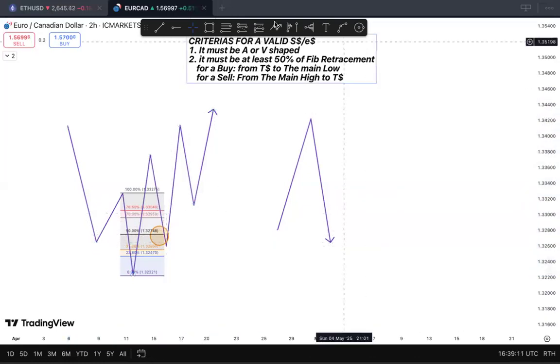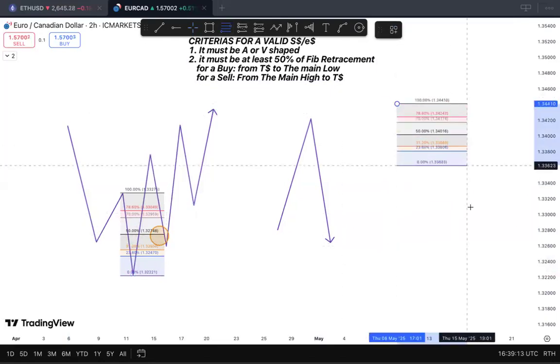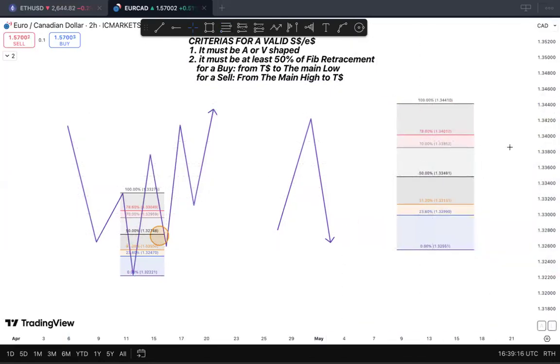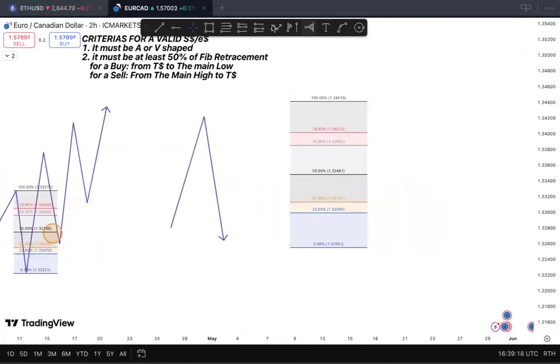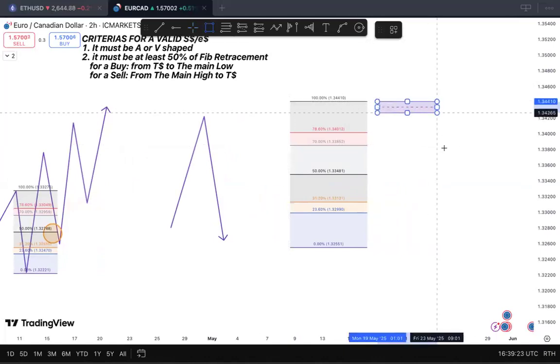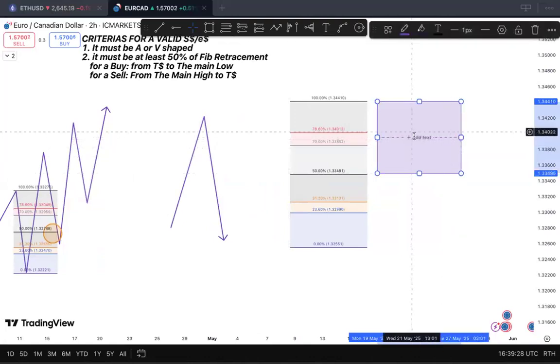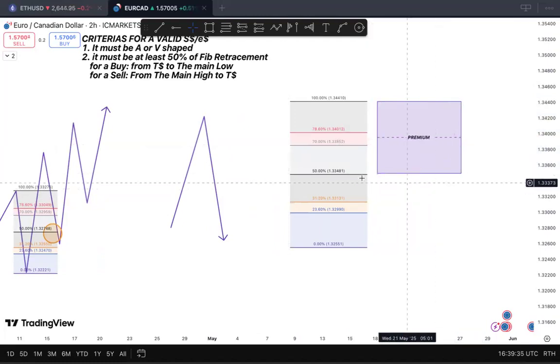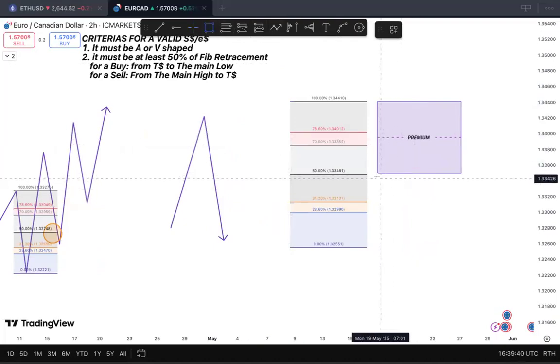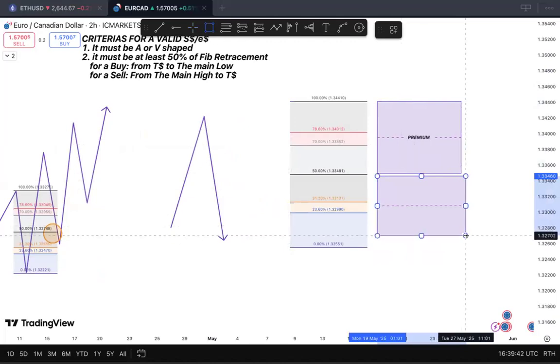Remember your fib retracement. So on your fib, we have this zone. So the 50 is what? Premium. Okay, the 50 is your equilibrium. Then from 50 down is what? Your discount.